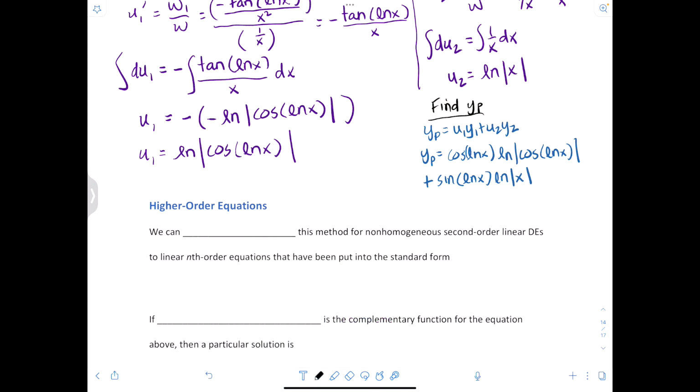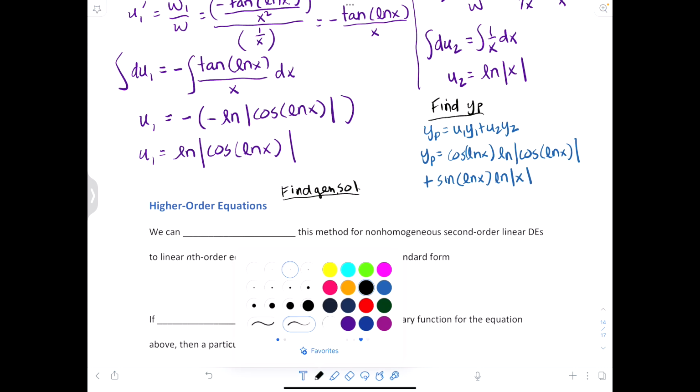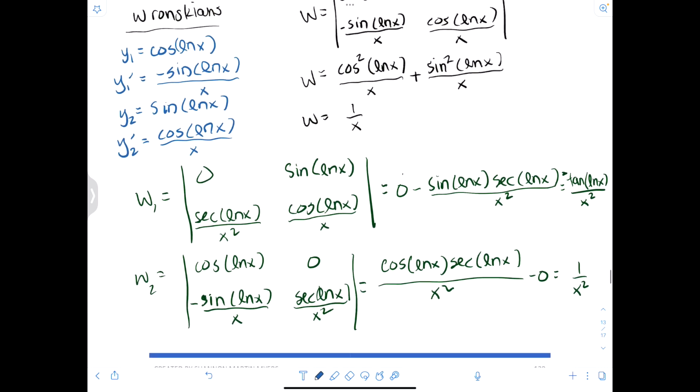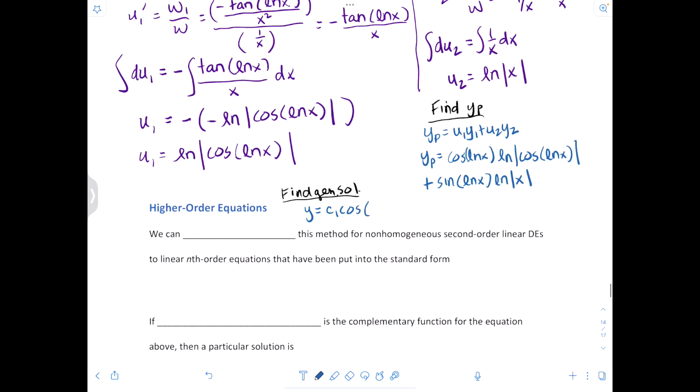And then the general solution will be y equals c1 cosine of natural log of x plus c2 sine of natural log of x, and then plus our particular, which is cosine of natural log of x times natural log of absolute cosine of natural log of x plus sine of natural log of x times natural log of absolute x.